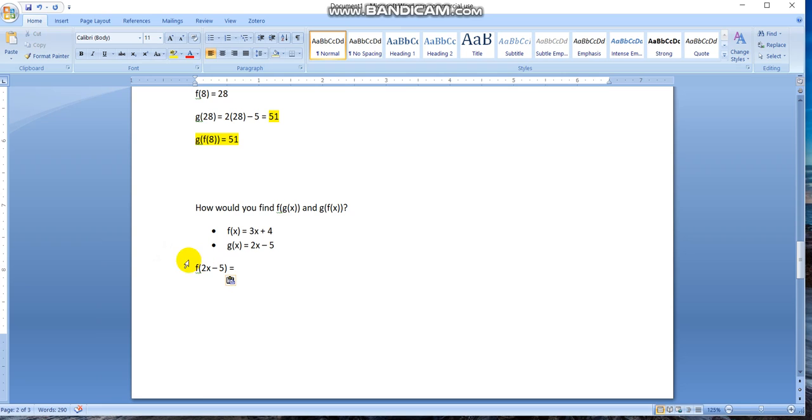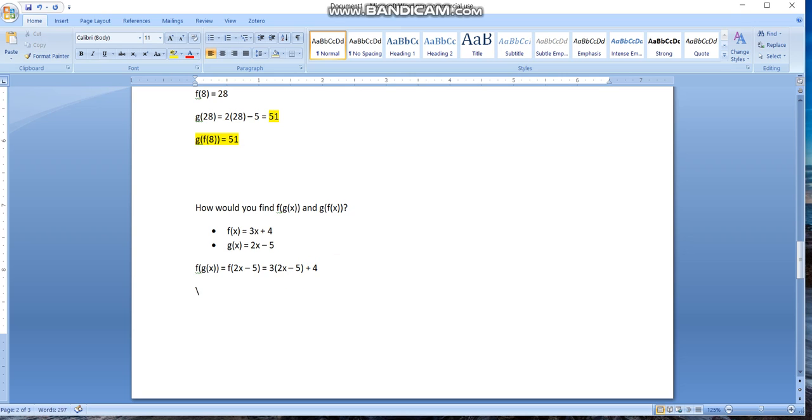This means that's f of 2x minus 5. So I'm going to rewrite this here. Once we have this, everywhere you see an x, you're going to plug in 2x minus 5.